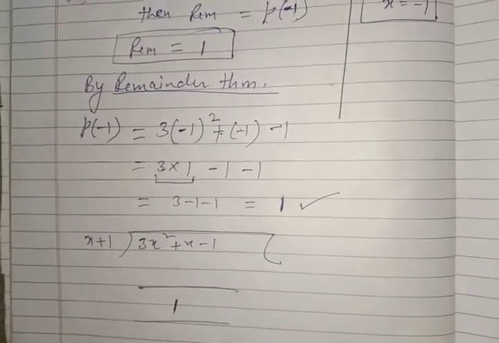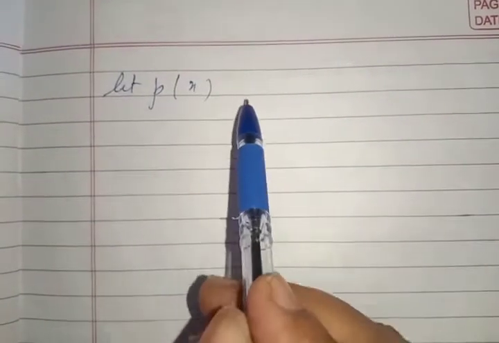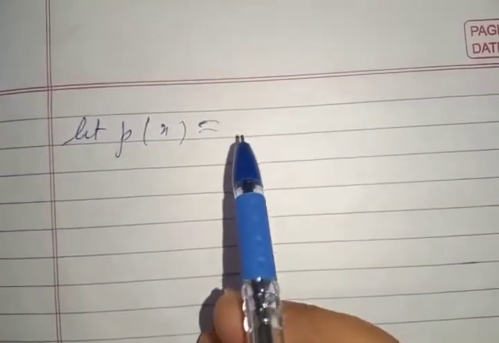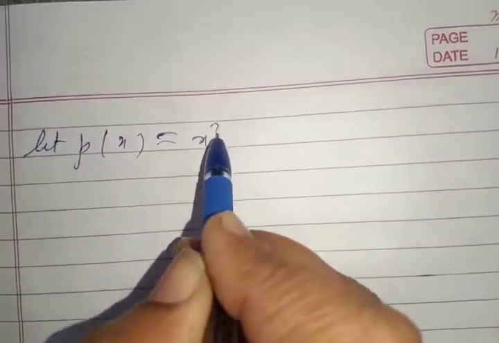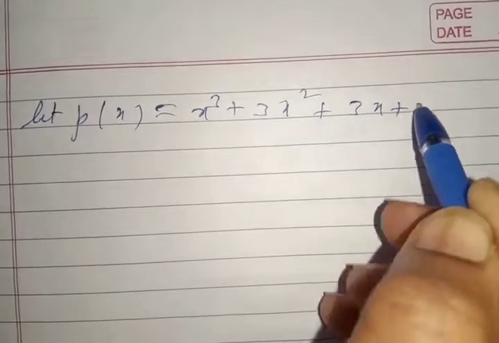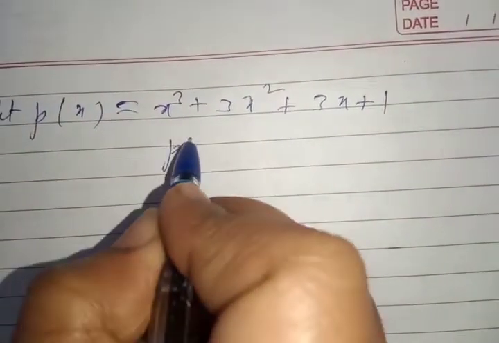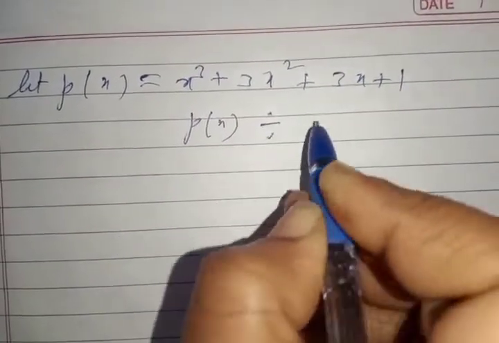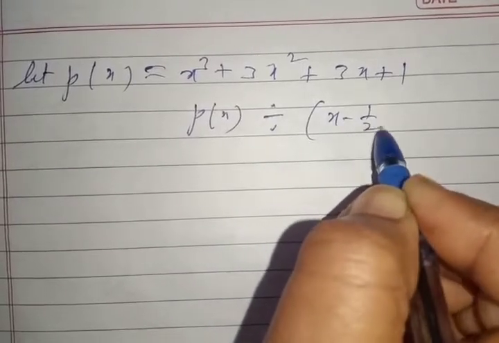So let us take one or two more examples. Suppose, first of all, the name of the polynomial. Let p(x) is equal to x cube plus 3x square plus 3x plus 1, and p(x) is divided by x minus 1 by 2.